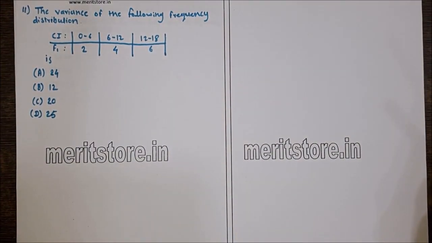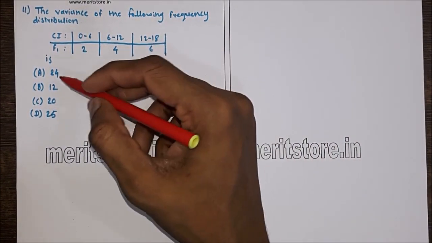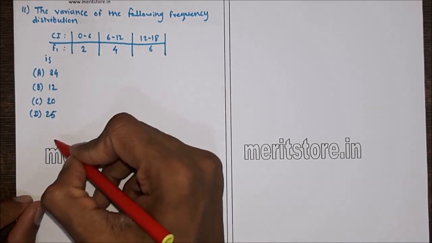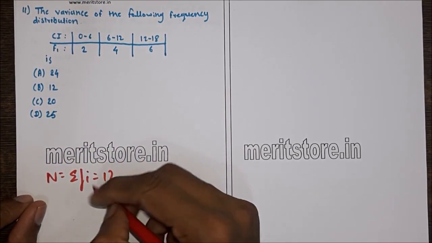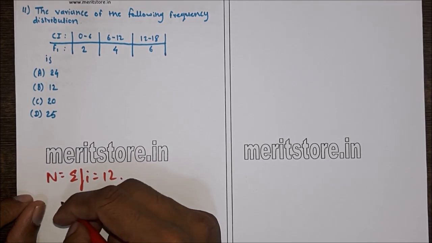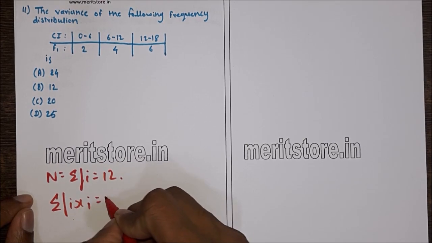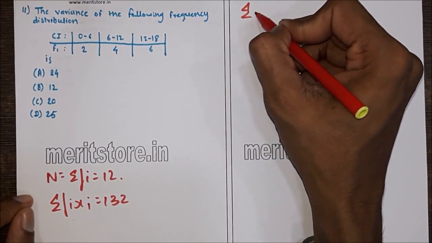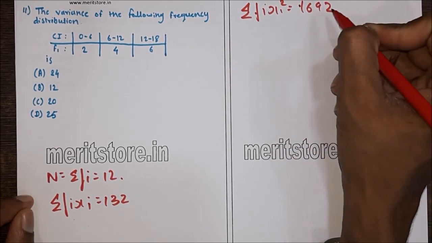Question 11. The variance of the following frequency distribution as given in the table is, with 4 options. So here we have n, that is summation of fi, as 12, and summation of fi xi is equal to 132. Summation of fi xi square equal to 1692.